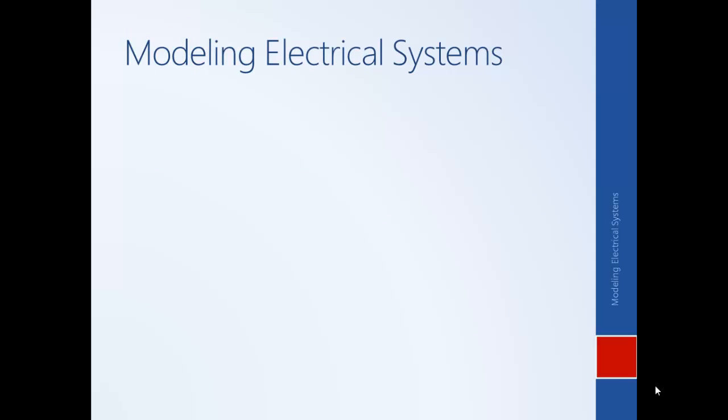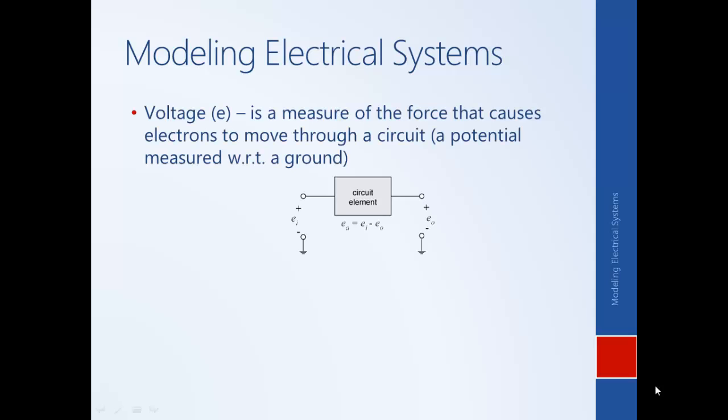Two quantities that are very important for understanding electrical systems are voltage and current. Voltage is a measure of the force that causes electrons to move through a circuit. We will use the letter E to represent voltage, reflecting a mechanical interpretation of voltage, i.e. it is also called the electromotive force.